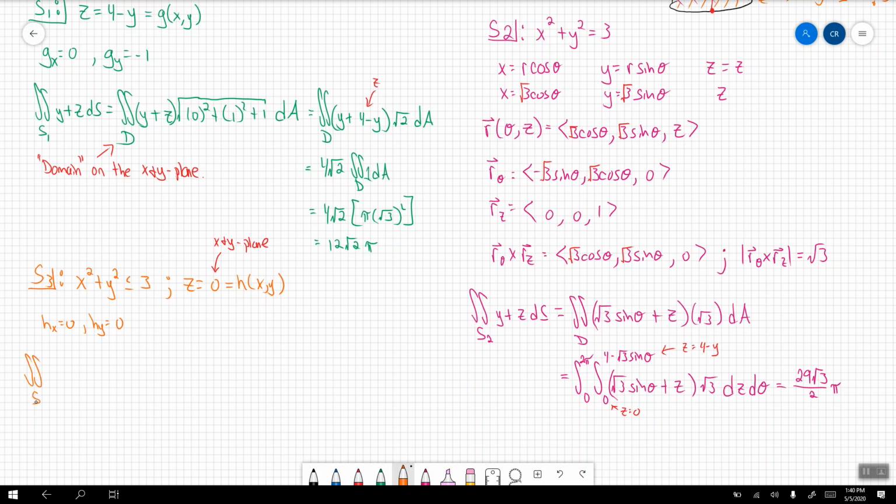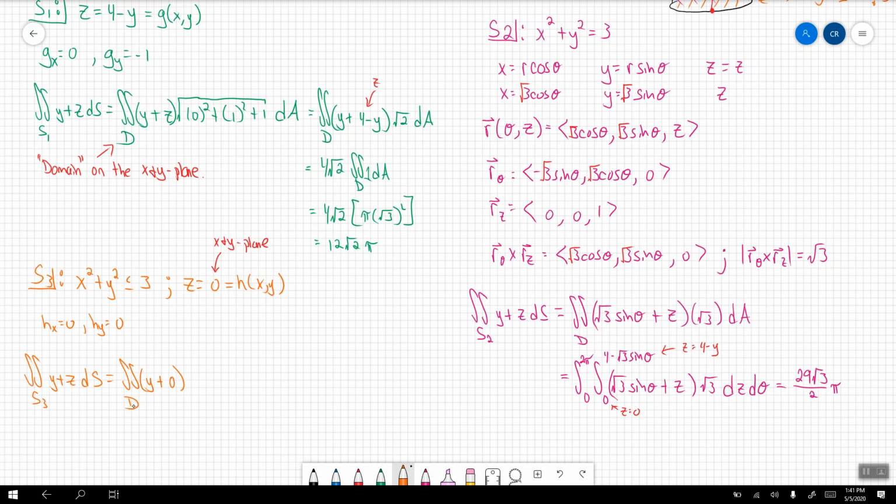So when I look at my surface integral, and this again is for y plus z dS, I'm going to be looking at integrating over some region D, and this is going to be for y plus z. But z is equal to 0 in this particular case, so that's not too bad. We're not parametrizing here because again we're only looking at a plane. It does have a bound, and we will consider those bounds in just a bit.